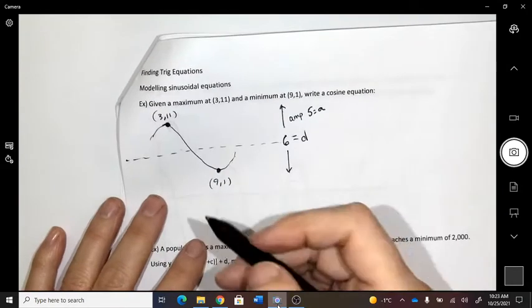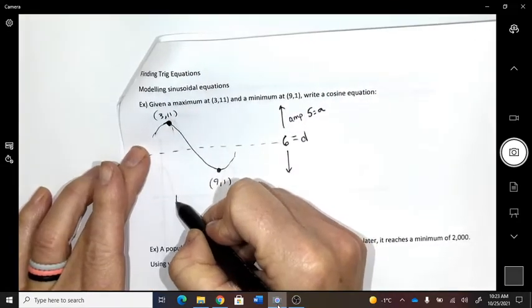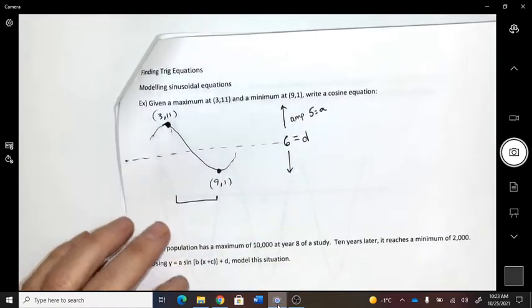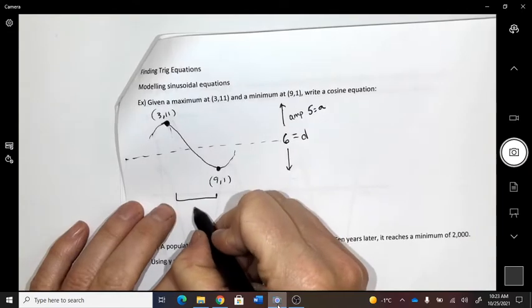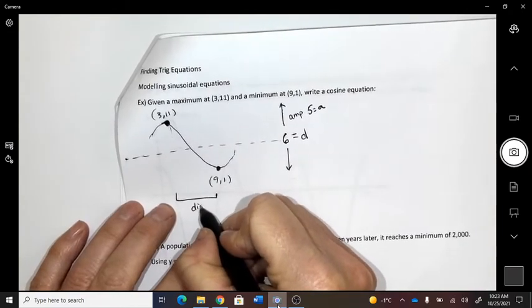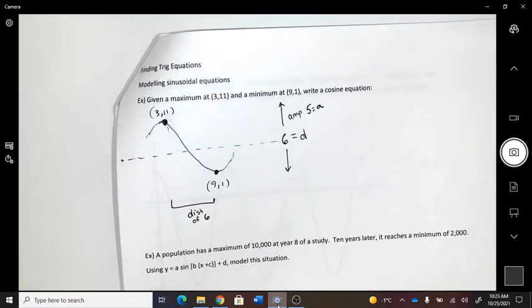Let's figure out our period here. So from there to there, what distance did I cover? How long did that take me? So I went from 3 to 9, a distance of 6. Is that a cycle? No, that's not a cycle.